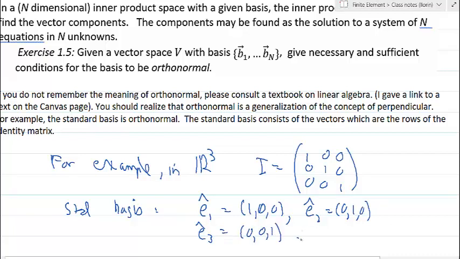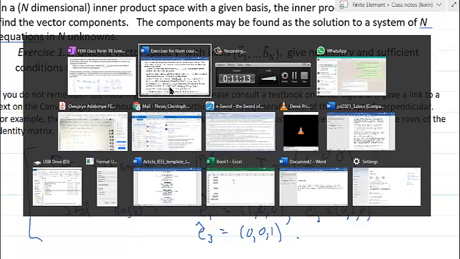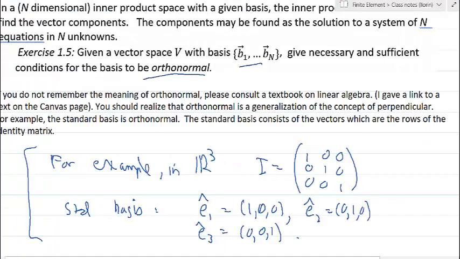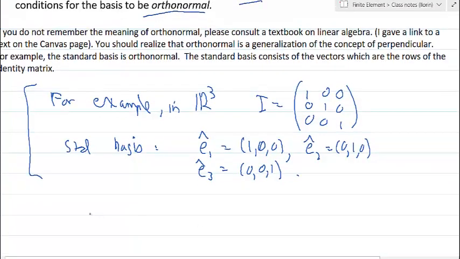So these are just some illustrations. To answer this question, please just give me a definition of orthonormal. I'm given this basis, give me a definition of orthonormal. All right, let's go on to the next question. Let me scroll down here. We'll go to the next place here.